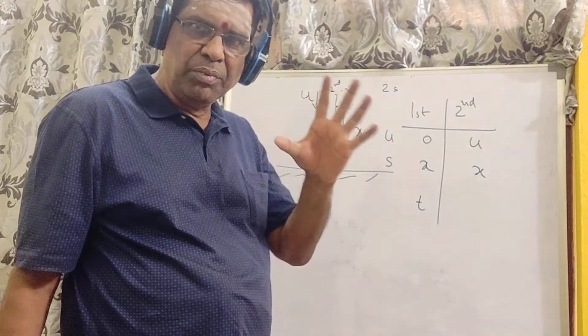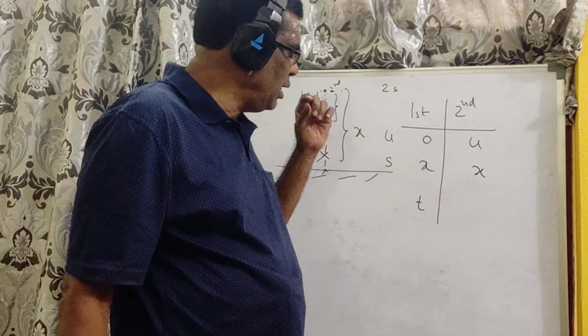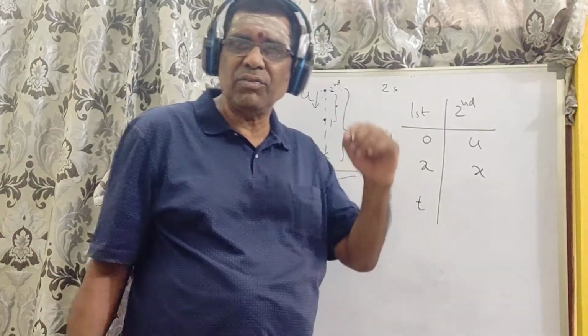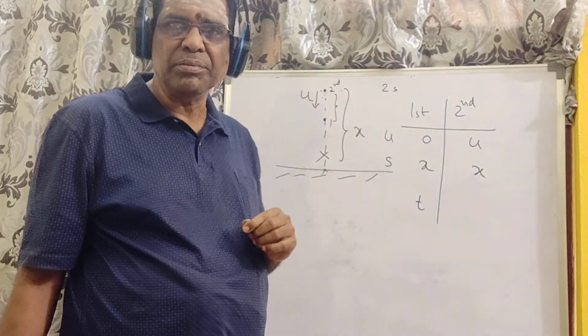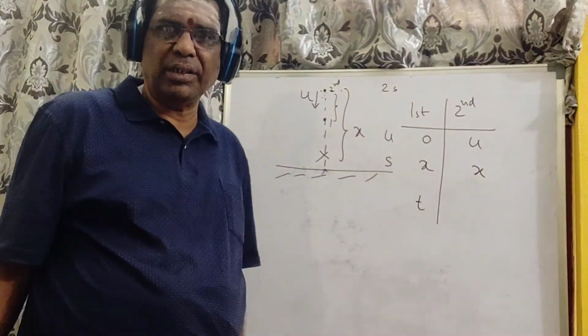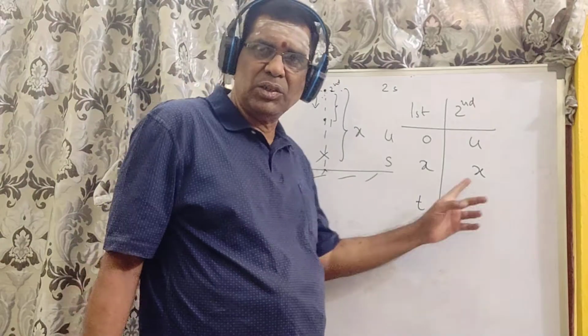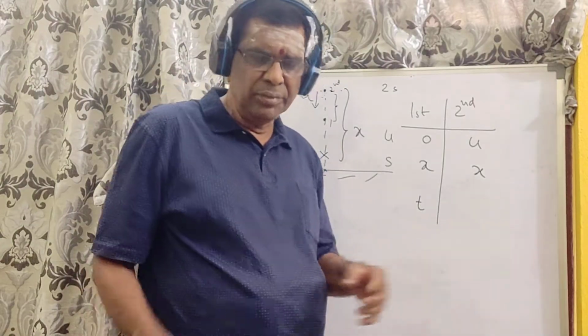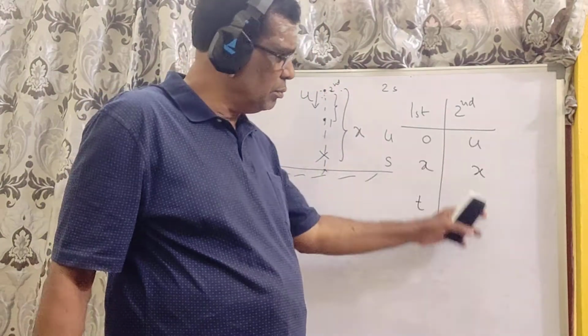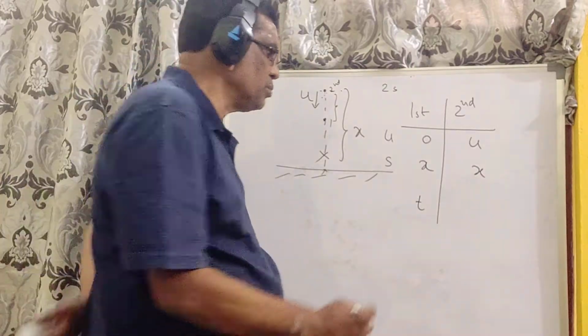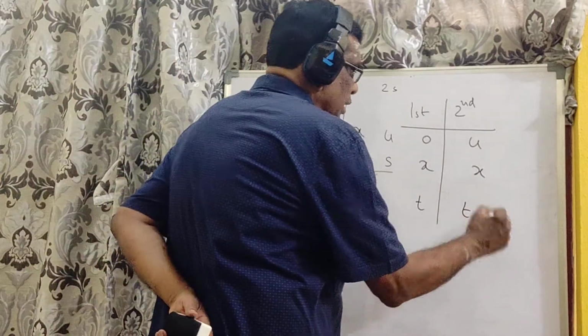So always keep in mind which body is actually traveling for a longer time. Obviously, the first body. So the time of the first body should always be more than that of the second body. Therefore, it should be t minus 2.